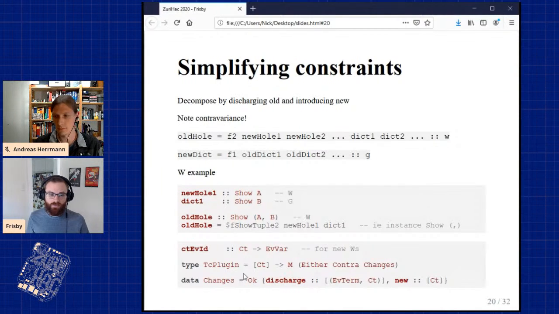So if there are multiple ways to solve a constraint and they are distinguishable, then I believe the right thing to do is to not do anything. That's my understanding at the moment. If the two paths are equivalent, then I think you can go ahead and just pick whichever one is convenient. But there are subtleties there. You have to be very confident that the two paths are equivalent. For example, it's possible for GHC right now, if you have an Ord A constraint in scope, and then you pattern match on a GADT that brings another Ord A constraint in scope, conceptually it shouldn't matter which you choose.